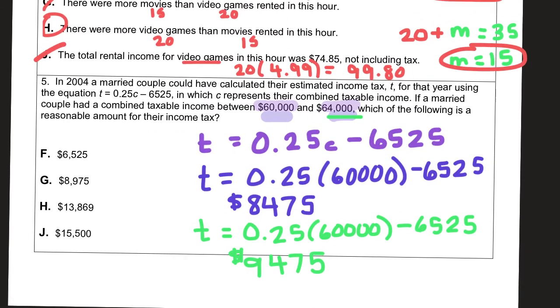Only one of the answer choices should be between these two. Looking at F, F is too low of a tax to pay. H and G are also over the highest tax amount that they would pay. So G is the answer. This concludes your lesson.